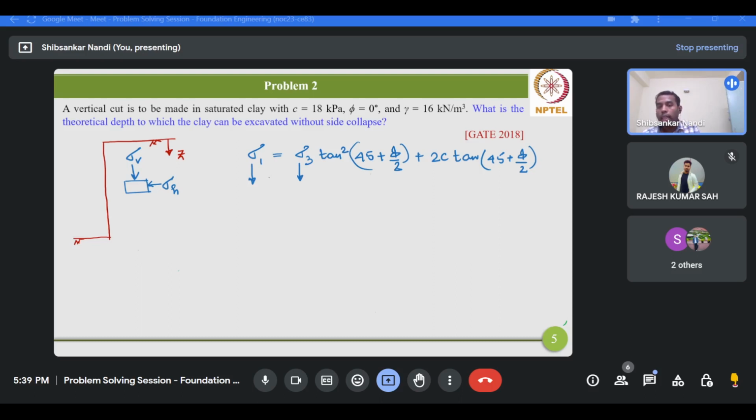Now for active condition, out of horizontal and vertical stresses, which one becomes the major principal stress and which one would become the minor principal stress?